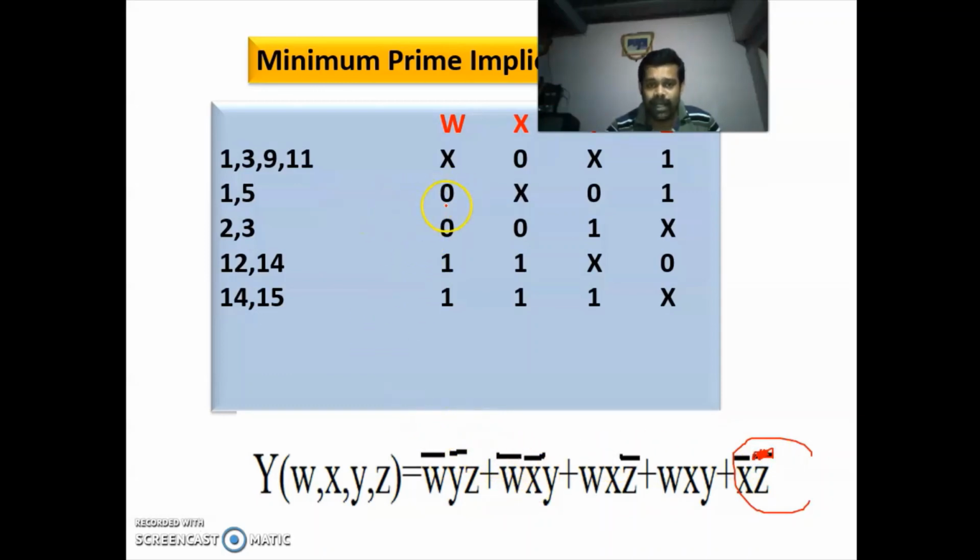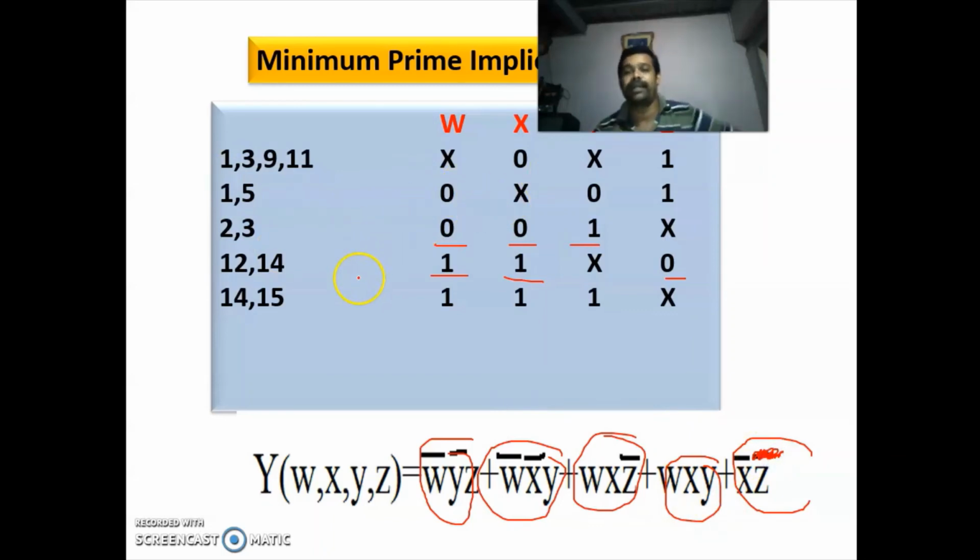For 2, 3, it is w bar x bar y. For 12, 14, it is w x z bar. For 14, 15, it is w x y. Okay, a small error in typing earlier.